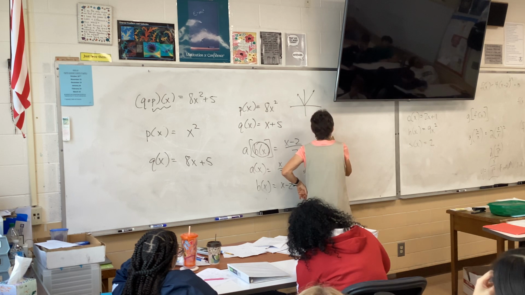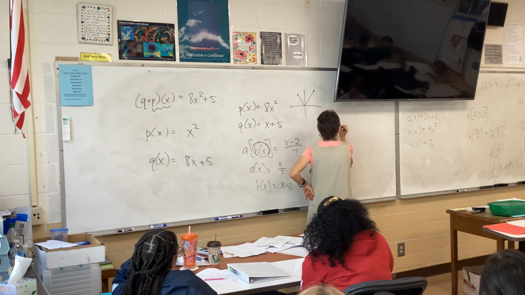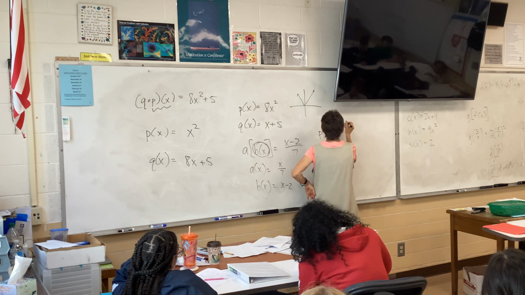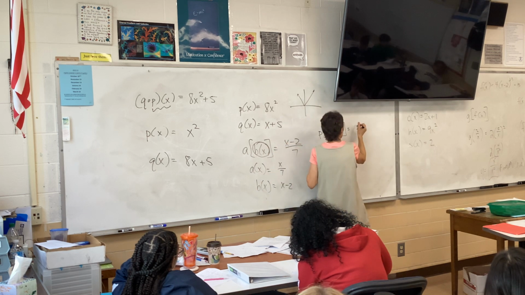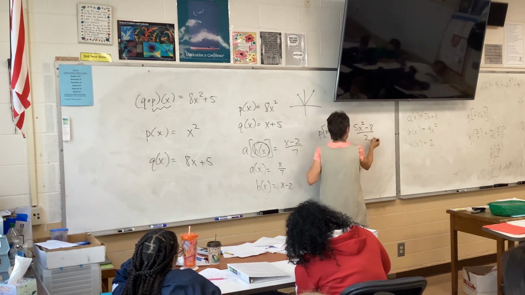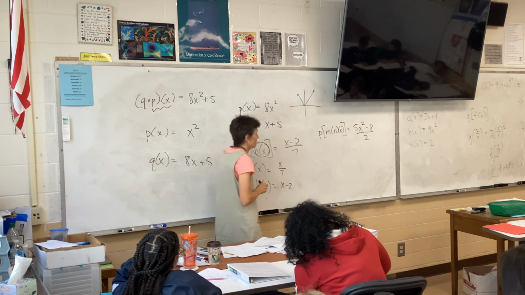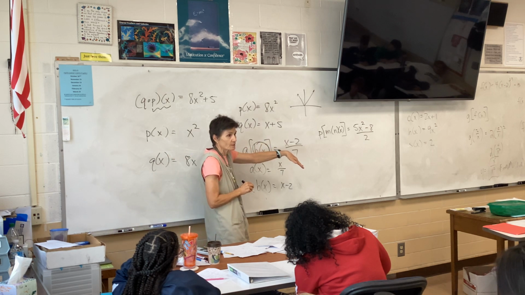I'm trying to do a 3 part. Okay, my notation is terrific, but let's say that's 5x squared minus 8 over 2. So this time I've got 3 functions.